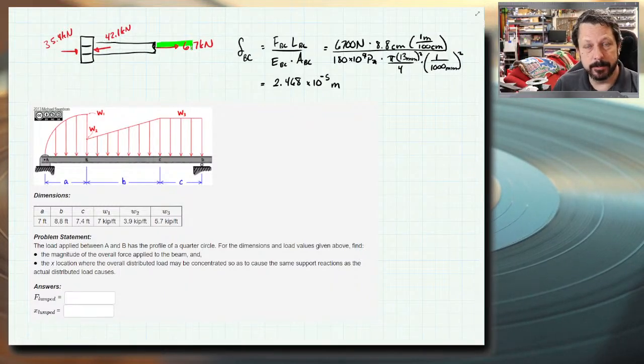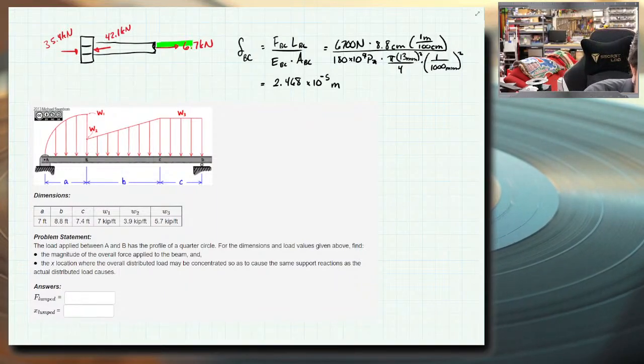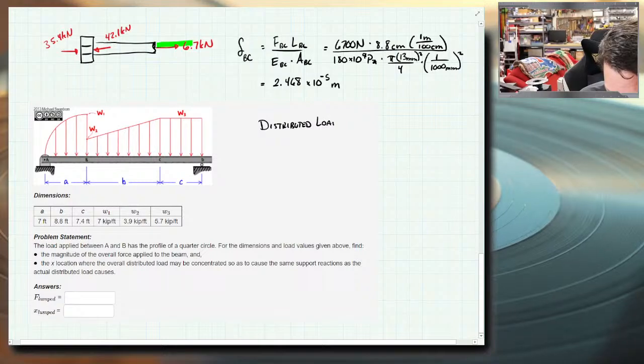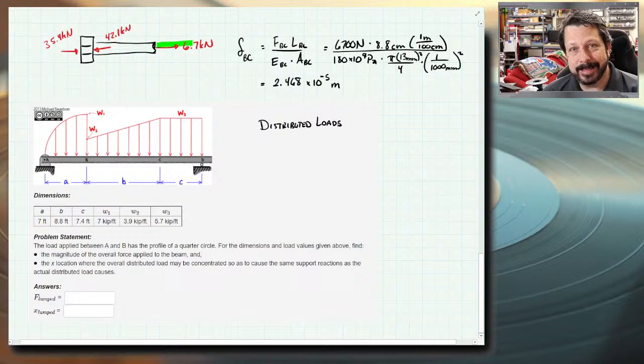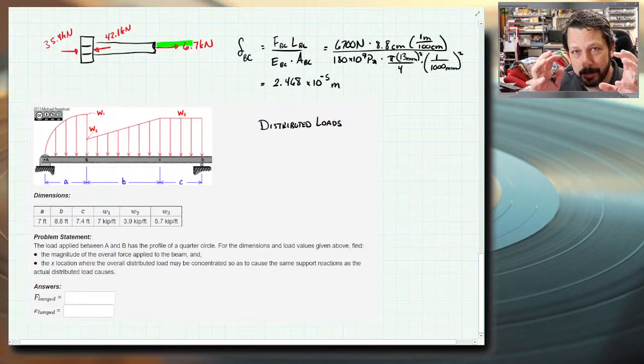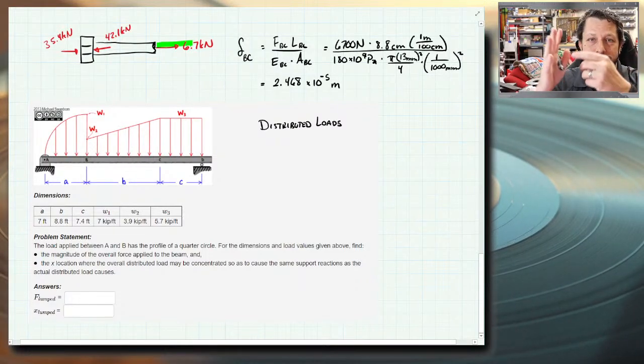The material responds differently to being pushed at a single point versus the same amount of force spread out over an area. This is how we show it, and these are called distributed loads. You've got a force that's spread out.